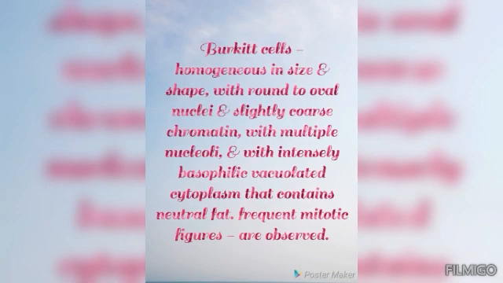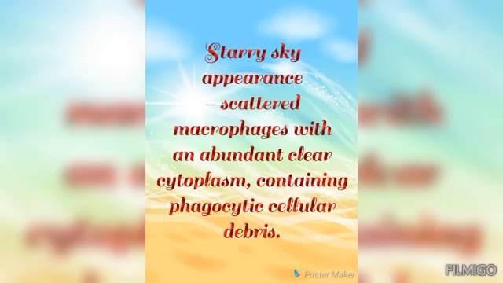The Burkitt cells are homogeneous in size and shape, with round to oval nuclei, slightly coarse chromatin, multiple nucleoli, and intensely basophilic vacuolated cytoplasm that contains neutral fat. Frequent mitotic figures are observed in Burkitt's cells.